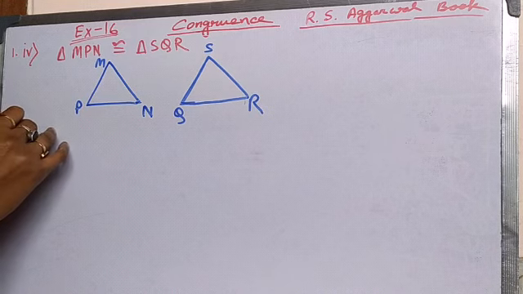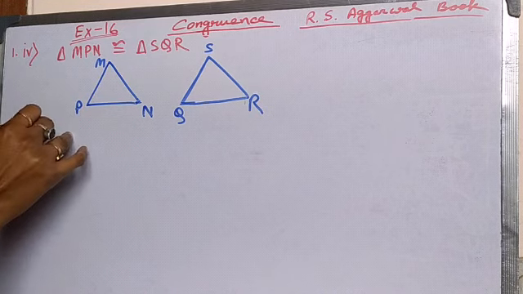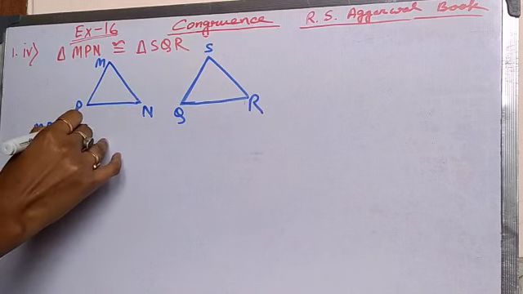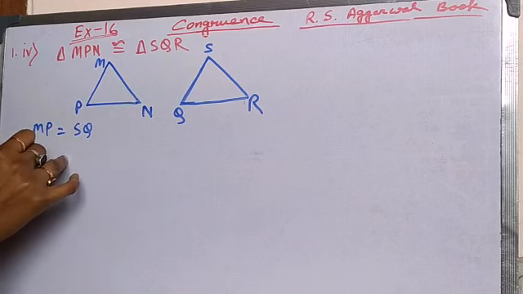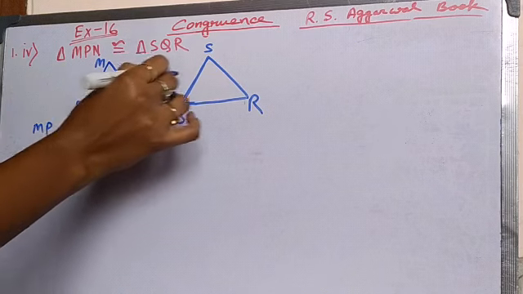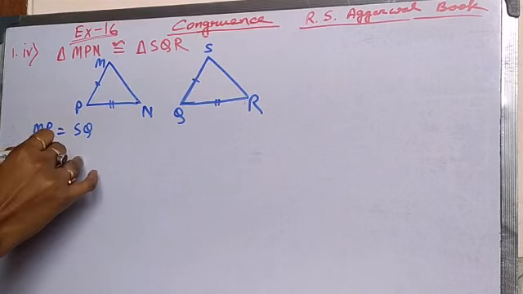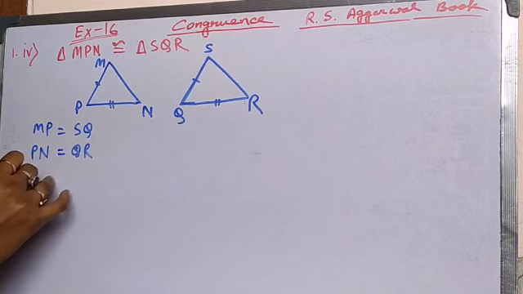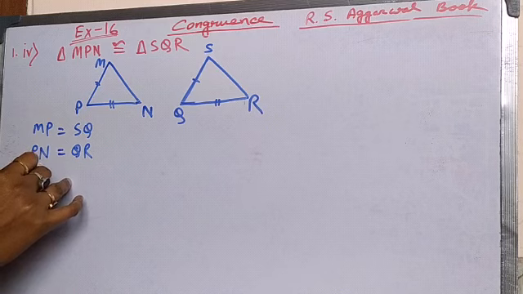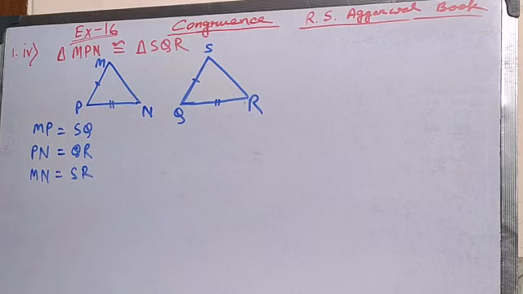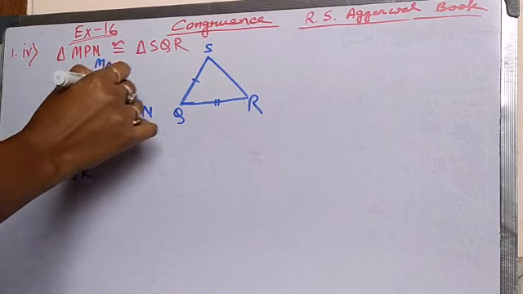Then we have to write the corresponding sides. First MP equal to SQ, PN equal to QR, MN equal to SR. Then I am writing the corresponding angles.